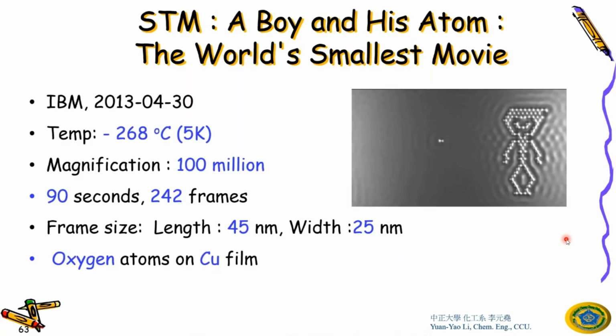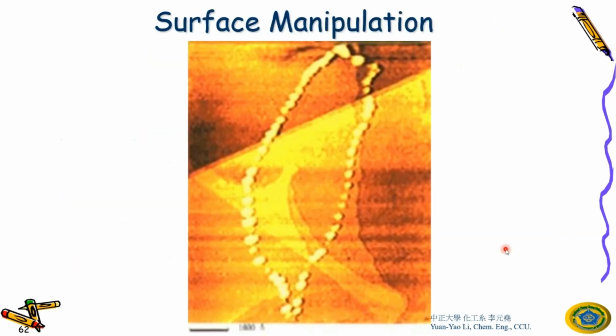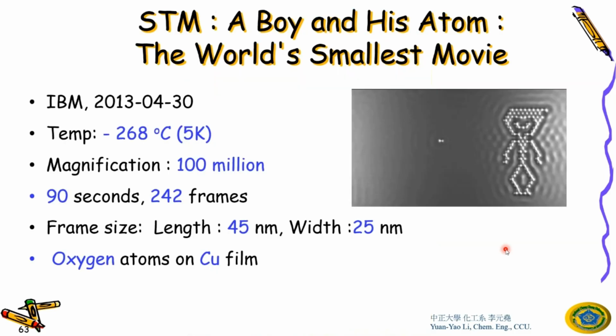So not only can you put this together, but if you make a picture, if you have 30 pictures or 100 pictures, you can make a what? You can make a movie, right? I'm sorry, I don't have time to show you this, but if you go to YouTube, you can see the world's smallest movie. Okay, they put atoms together, then put 100 pictures together and make it become a movie. They call it the world's smallest movie.